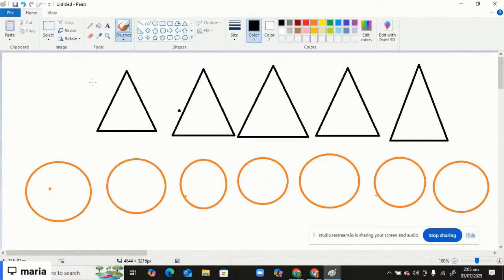So now everyone tell me which one is more. Everyone tell me in the chat which one is more or which one is less. Triangles are more or circles are more?